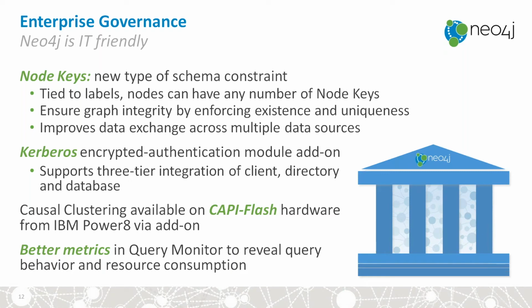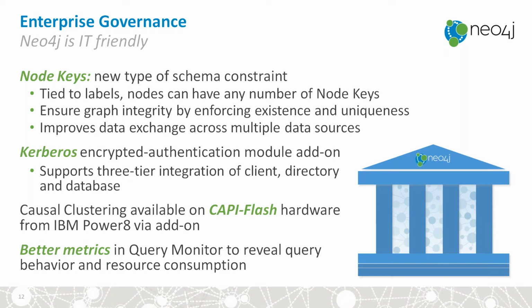This is a brand new schema constraint, and what it's really designed to do is, for organizations, when they're either creating an instance of Neo4j or regularly updating it from other systems in the environment, node keys allows you to set particular constraints on a data element, like existence: this has to have a value, or uniqueness: this has to have a unique value.